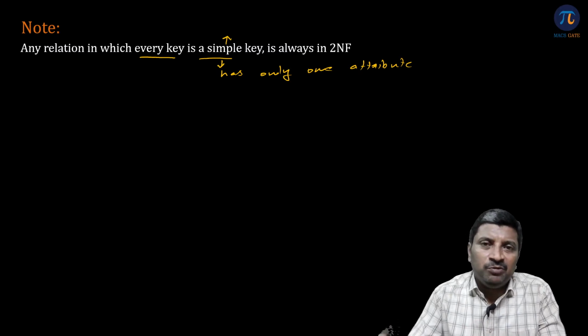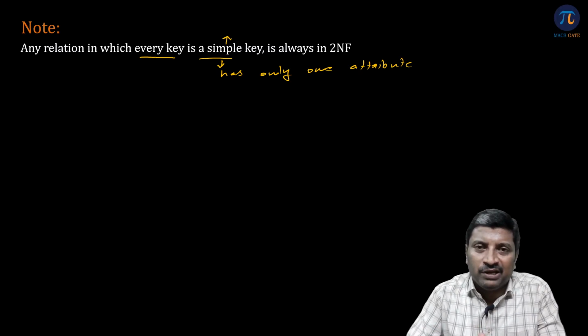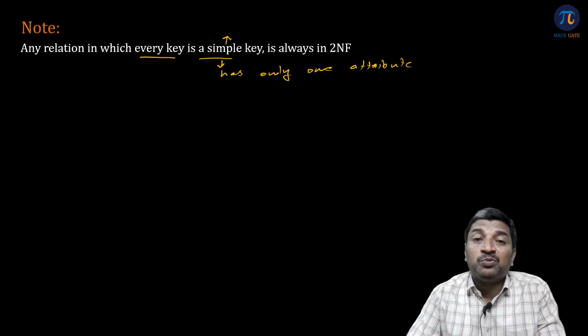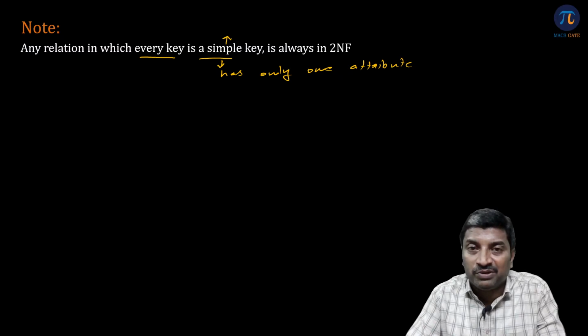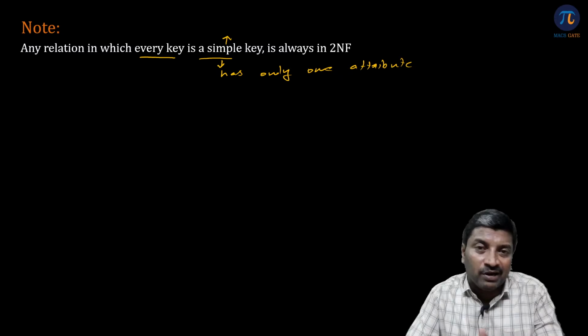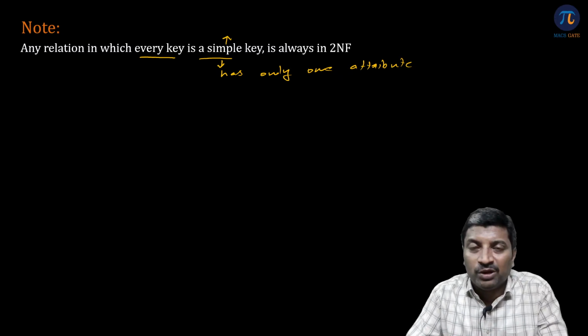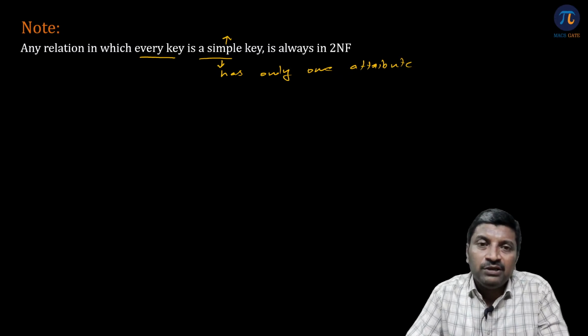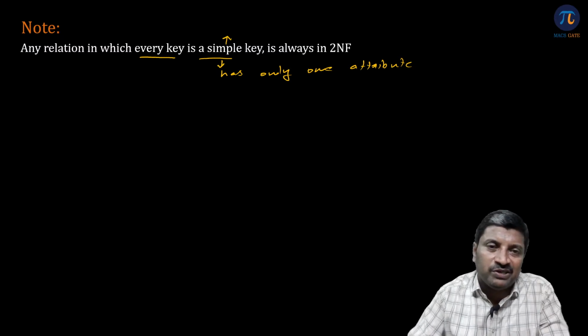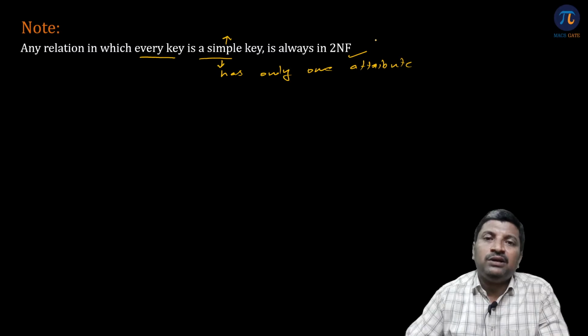If in my team I have only one employee, I am completely depending on that employee. Suppose I am having 2 or 3 members, then there is a chance that I am partially depending on one employee and the other 2 employees may not be working well, right? So when I have only one attribute, there is no concept of partial dependency. By default, it will be in second normal form. Hope you understood it.